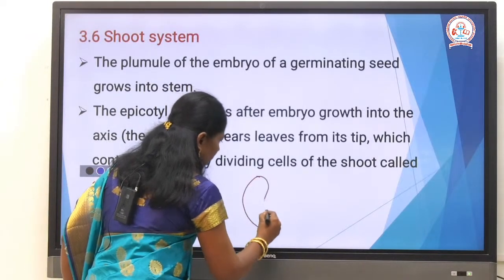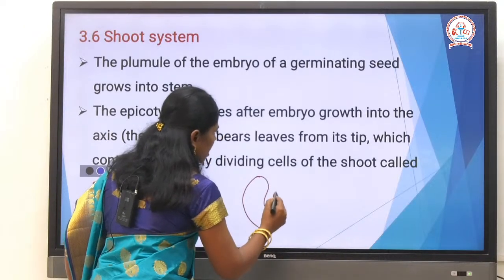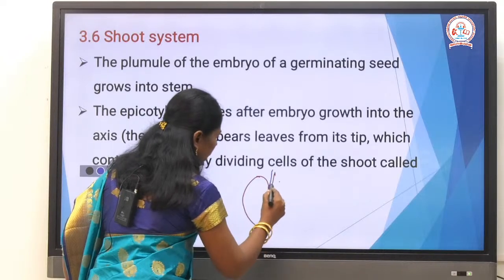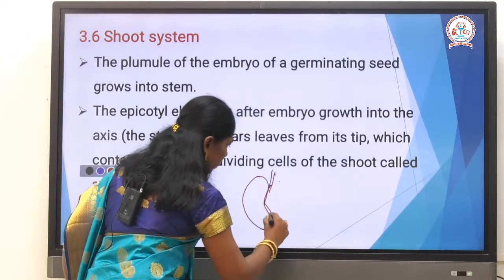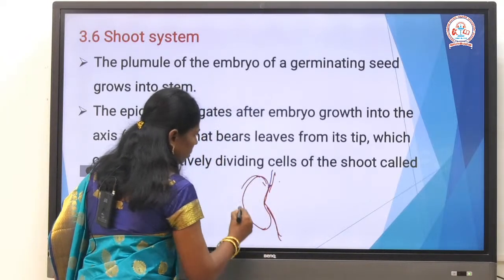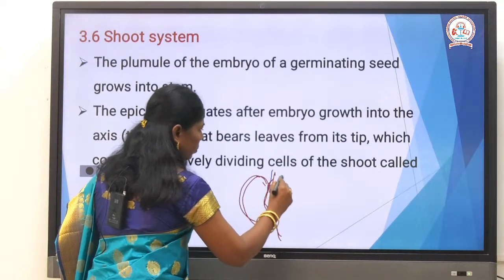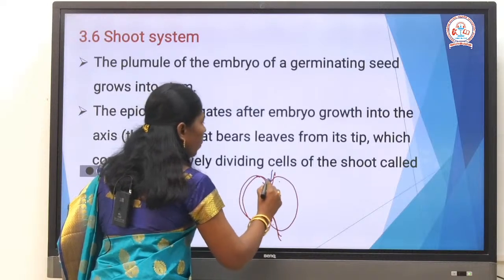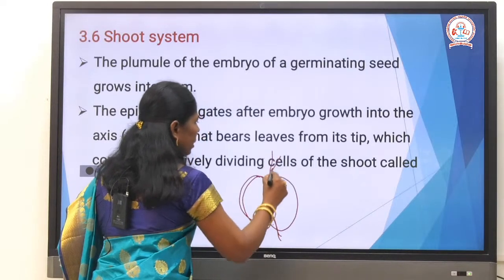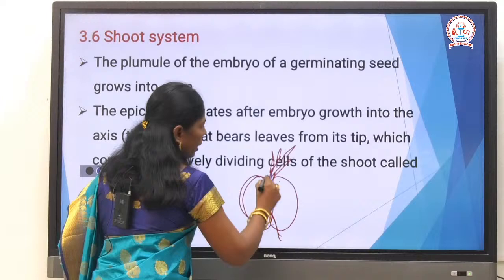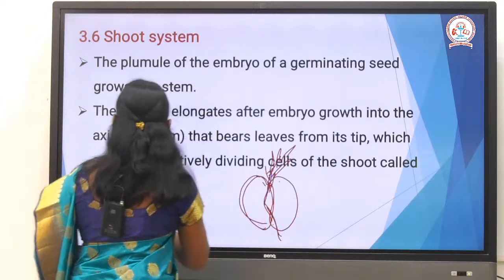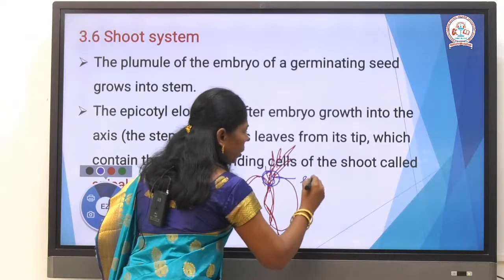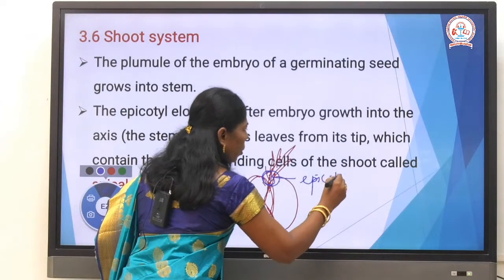Draw the diagram. This is the cotyledons actually. Here is the cotyledon area. Above the cotyledons, this region is considered the epicotyl. The epicotyl is present above the cotyledons.